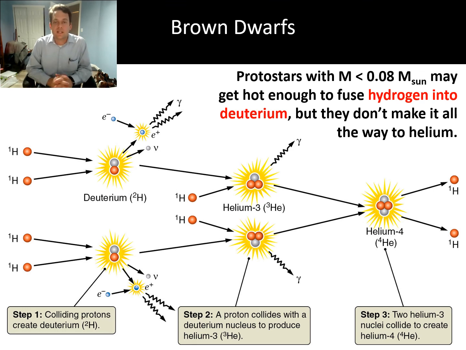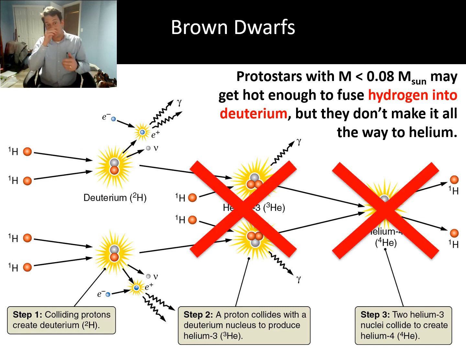What happens is that they may get hot enough to fuse hydrogen into deuterium. They may get hot enough to do the first step in the proton-proton chain, but they do not get hot enough for all of the steps to take place.